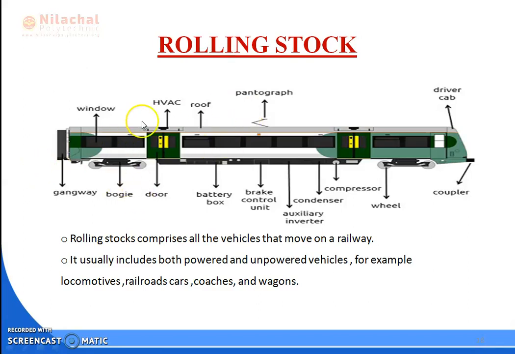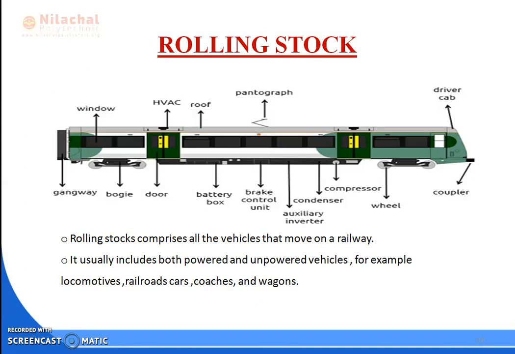So rolling stock normally means a locomotive engine, or it may be your wagons by which we transport our raw materials from the industries, or carriages where the passengers are moved, or vehicles on a railway. That is called your rolling stock. Normally it may be powered or unpowered vehicles, for example electric power bullet trains, or maybe your normal unpowered wagons also.